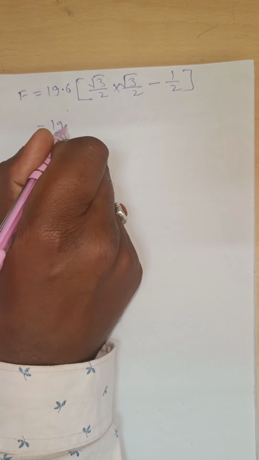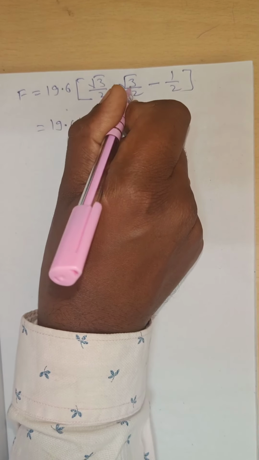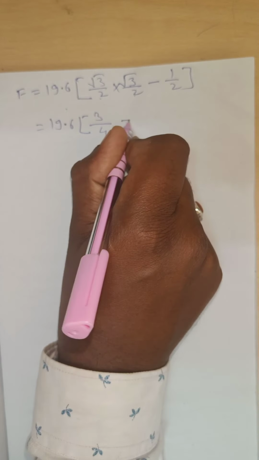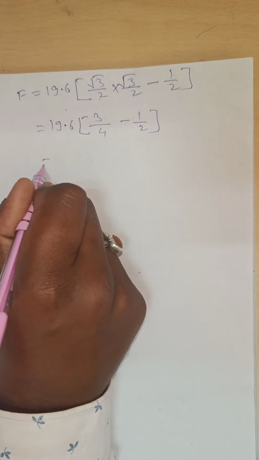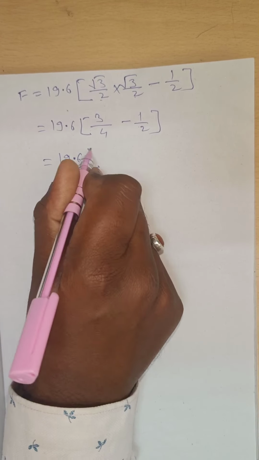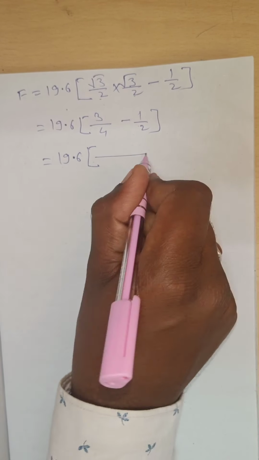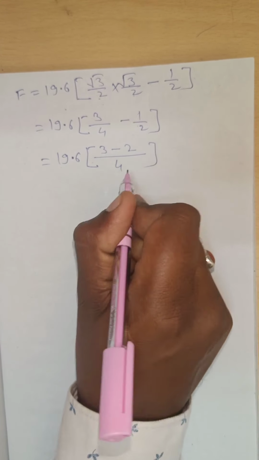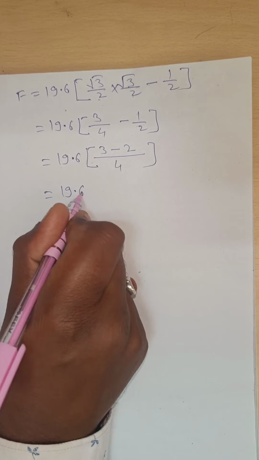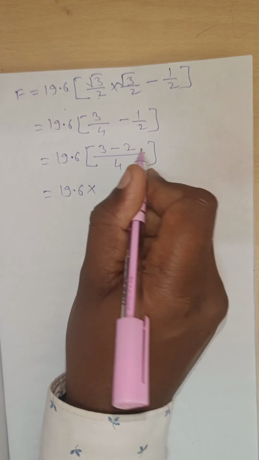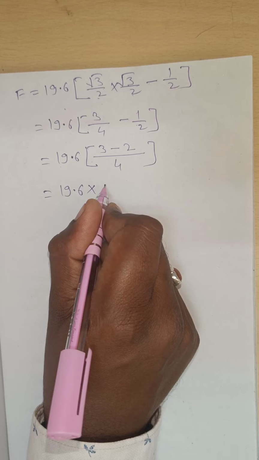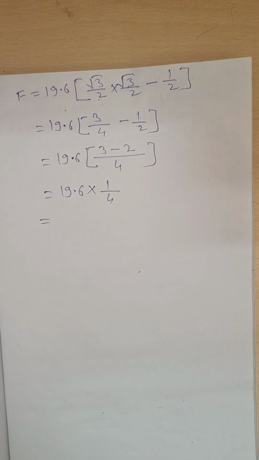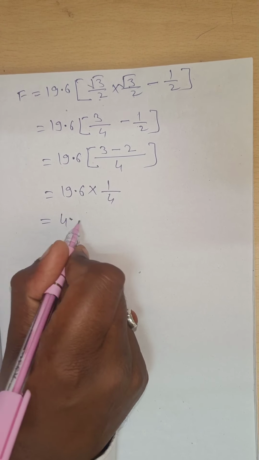Now this is 19.6 times, root 3 into root 3 becomes 3, and 2 into 2 becomes 4, so 3 by 4 minus 1 by 2. Making the denominators the same, that is 3 minus 2 divided by 4, so 19.6 into 1 by 4, we get 4.9.